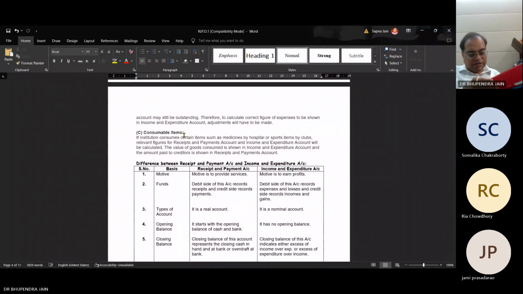Suppose in your question only cash purchase is given, as well as the opening balance of creditors and closing balance of creditors. Then remember this well: you have to prepare the creditors account, and we can find out the credit purchase after preparation of the creditors account. Clear? I think we already discussed how to calculate the consumable in the last class. Okay?